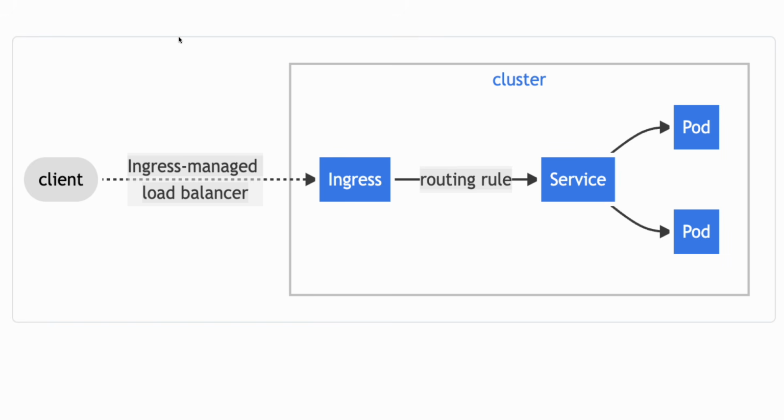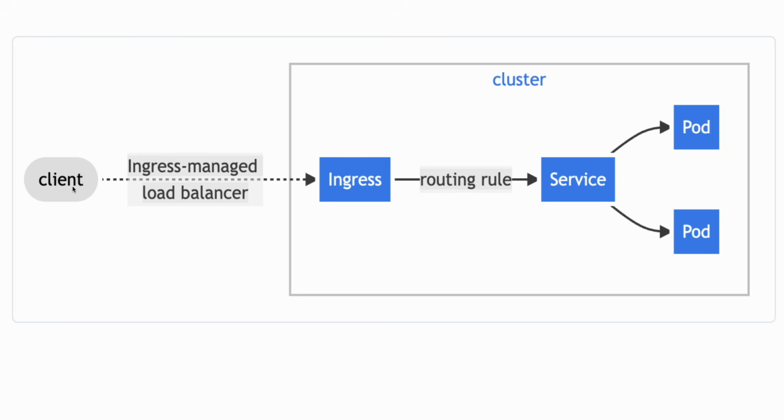First of all, I have not created this image, I have taken it from the internet, and credit goes to the respective owners. Here you can see we have a Kubernetes cluster, in which we have an Ingress and a routing rule, and these are the services associated with pods.